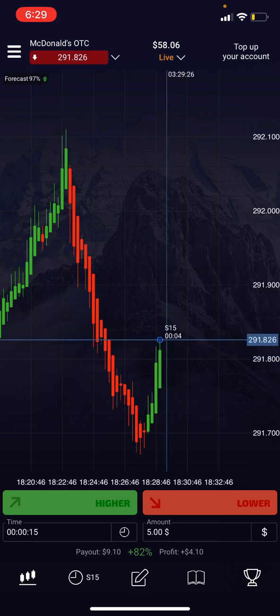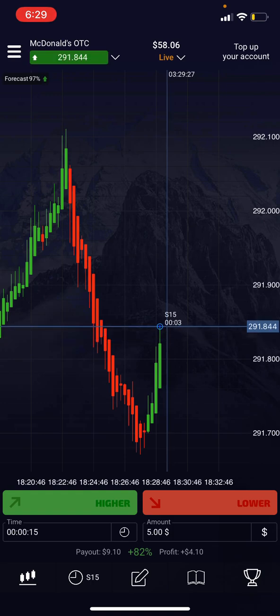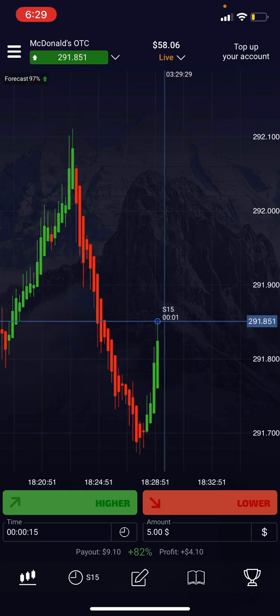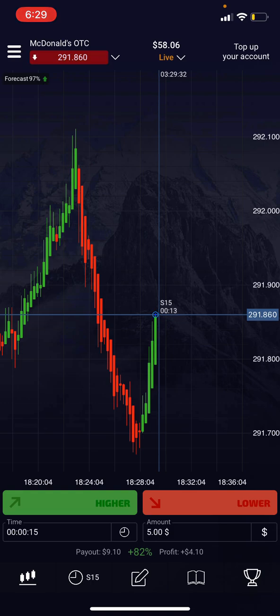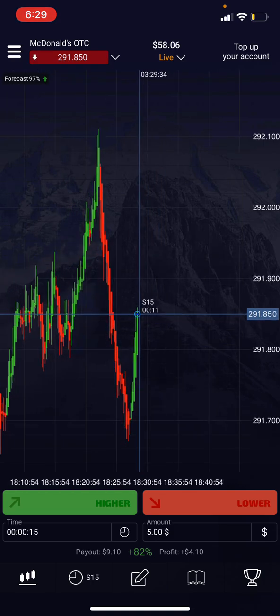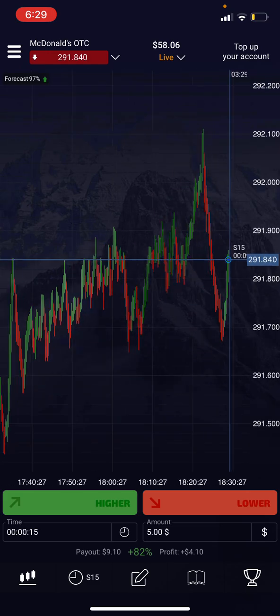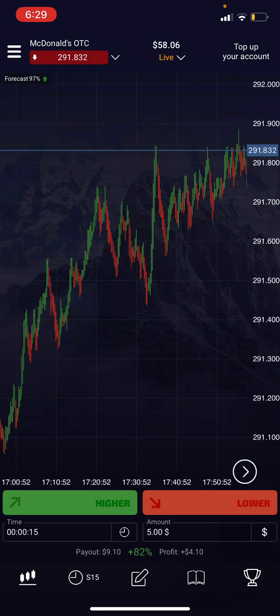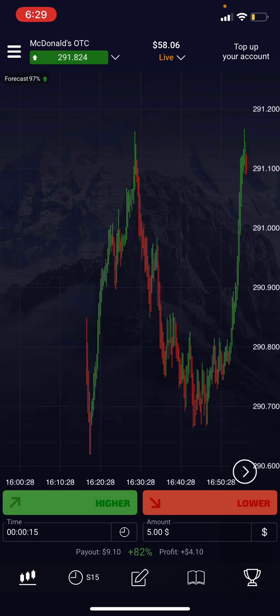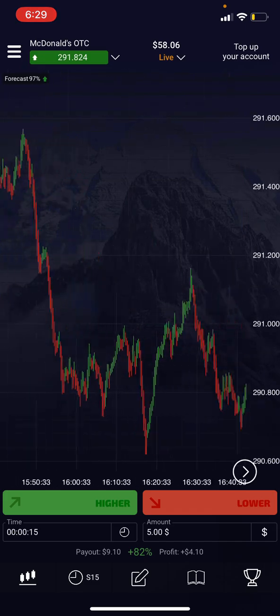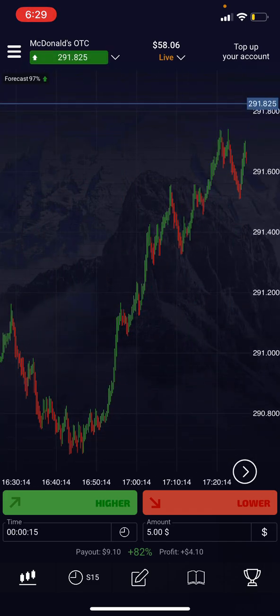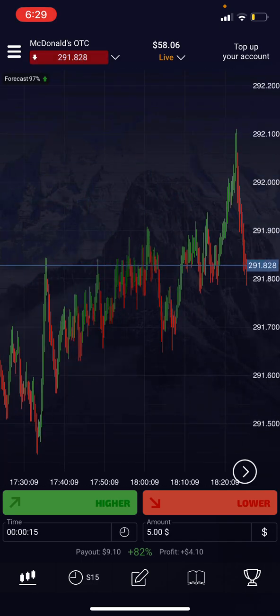Right now, we're on such a small time frame that you can scout both ways, even though we talked about the trend being overall up. And why am I saying the trend is overall up? Because I look all the way to my left, and it's looking like we're coming from the bottom up.